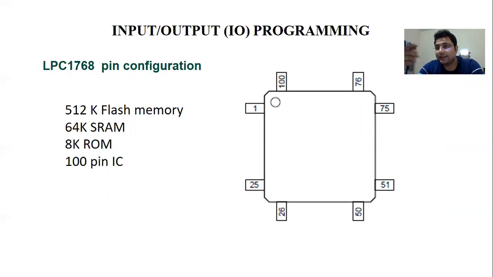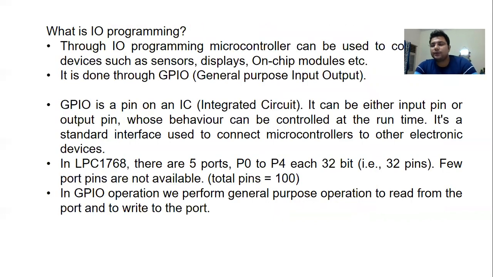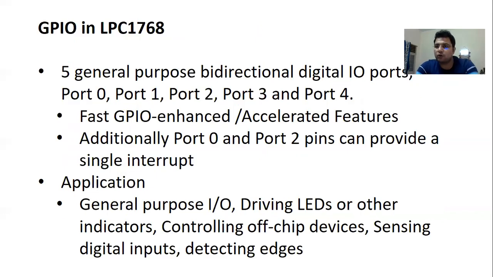Now to use these pins, we have 5 ports in place. That is logical. That is just for programming purposes, so we can make good use of these pins. Something logical should be there over the physical. So we have 5 ports: port number 0, 1, 2, 3, and 4.